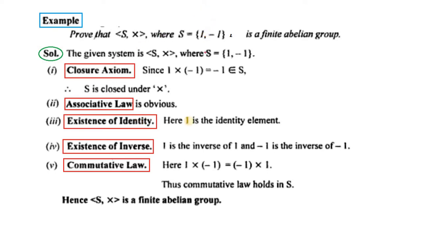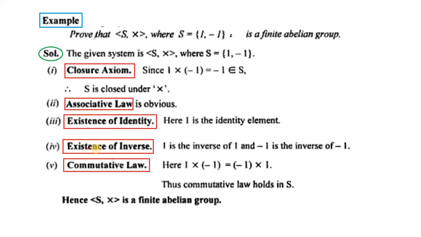In this set S, 1 is the identity element. Since multiplication is the binary operation, this is actually the multiplicative identity. It means if we multiply all elements of set S by 1, we get those elements again. Hence, this one is the multiplicative identity.